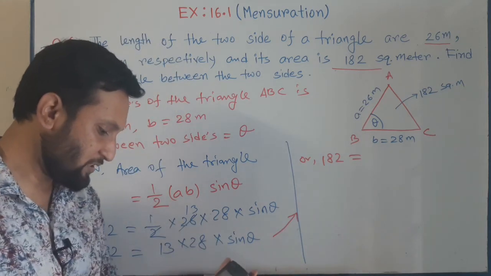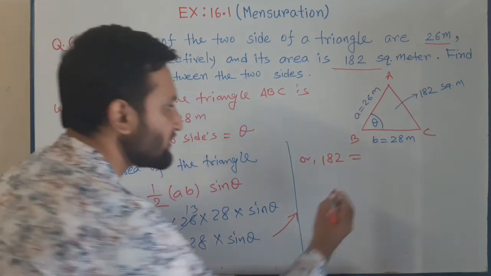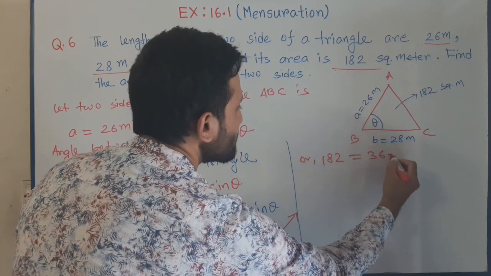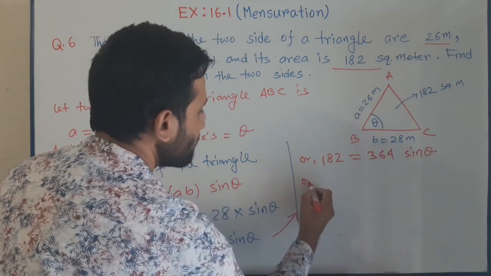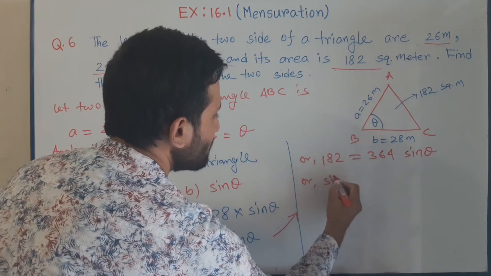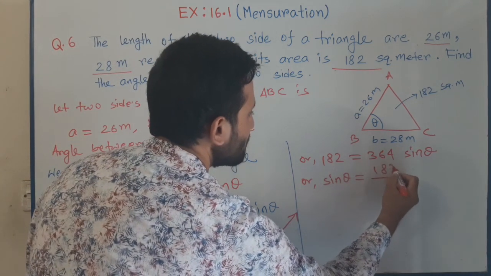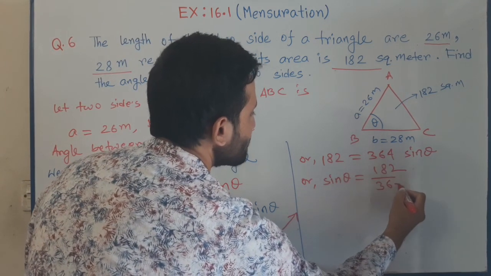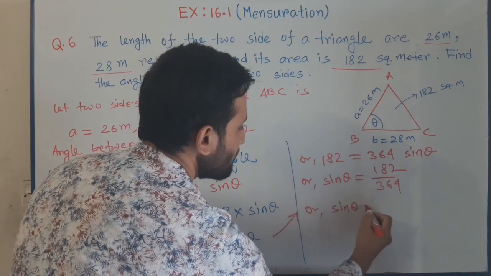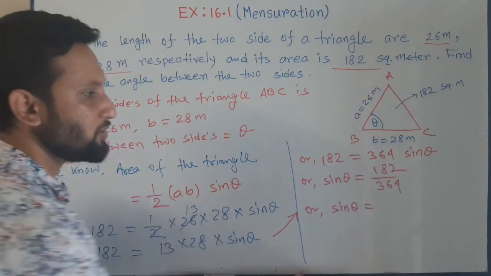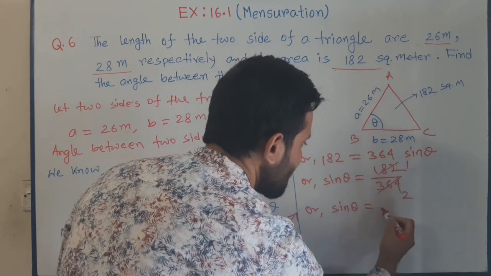Using a calculator, 13 into 28 is 364, sin theta. So we can write sin theta equal to 182 divided by 364. So sin theta equals 182 over 364, which is twice and 1, that means half.